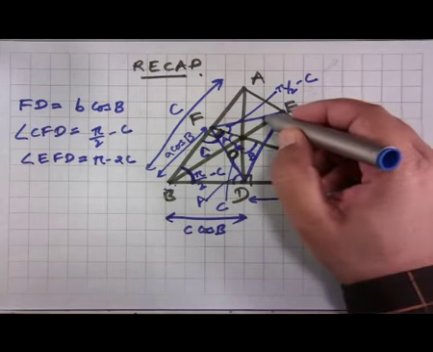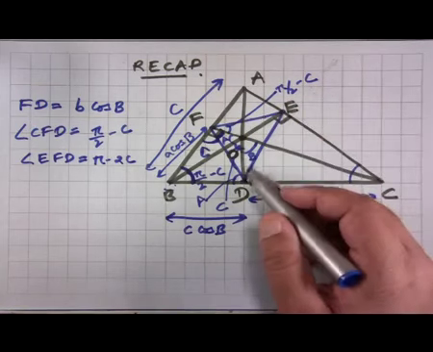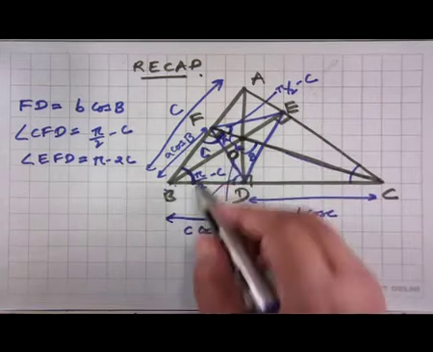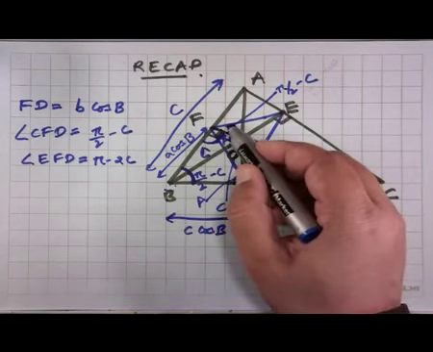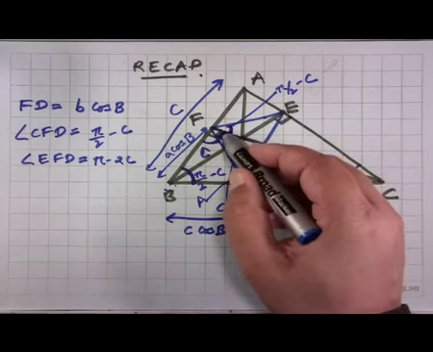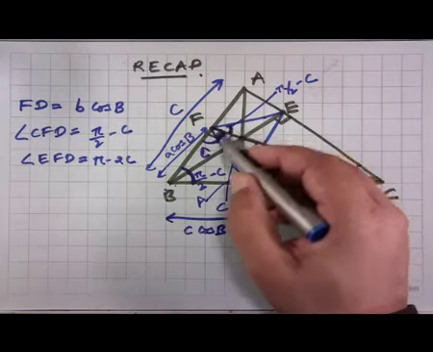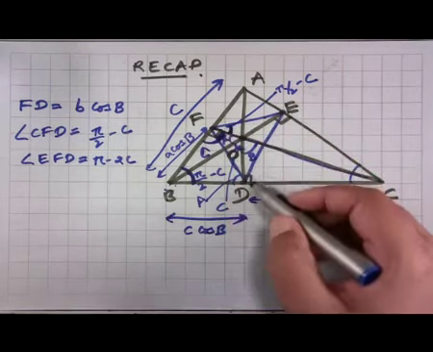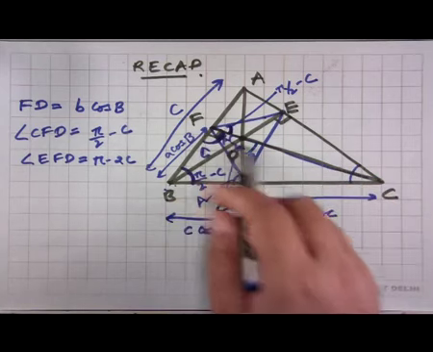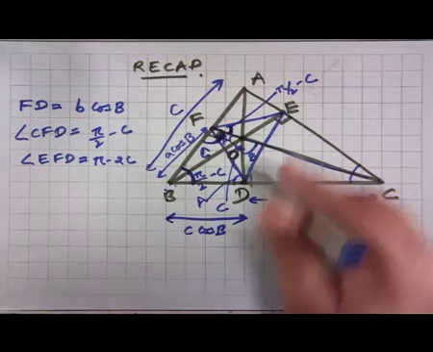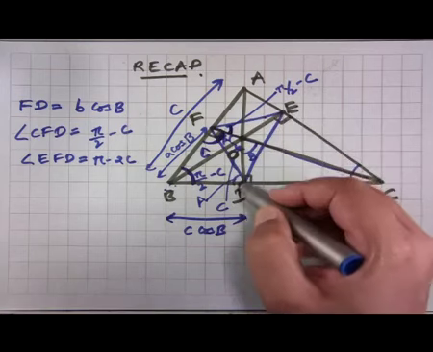One can similarly show that, because this angle pi by 2 minus C is equal to the other angle here, and both of these angles sum up to the entire angle EFD, it turns out that the line segment FC is an angular bisector of the angle EFD of the petal triangle.